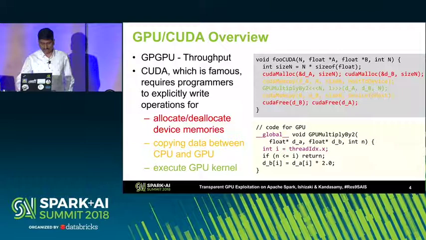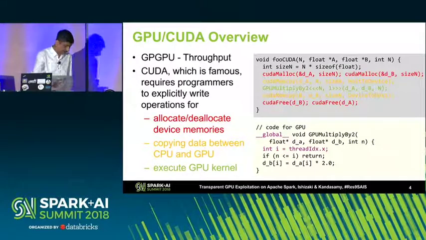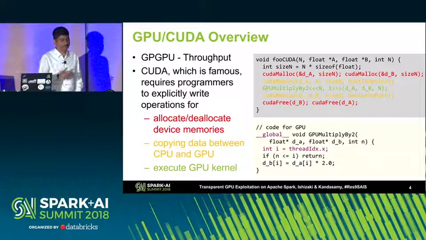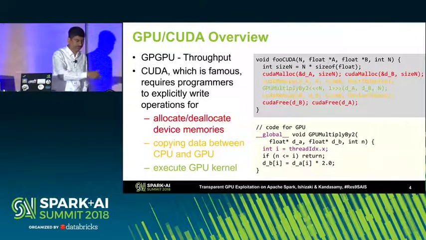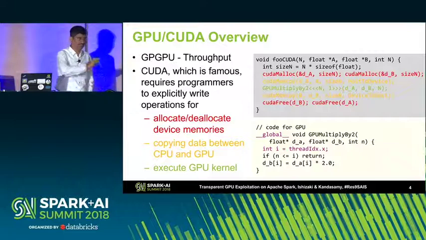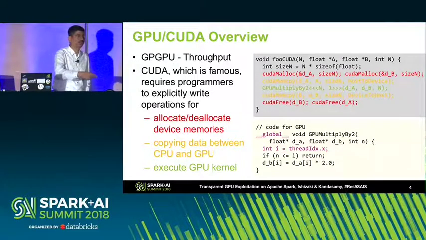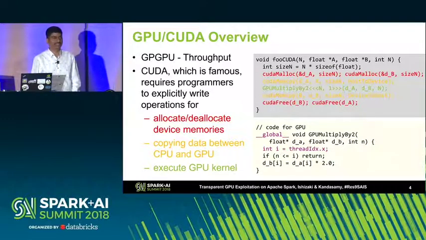So if you take a typical GPU program, for a very simple case, let's say you want to run a program which multiplies an array by 2. In the CPU world, you typically write one instruction to multiply an individual element by 2 and put it in a for loop for 1,000 or 1,000,000 times, depending on how many elements you have.